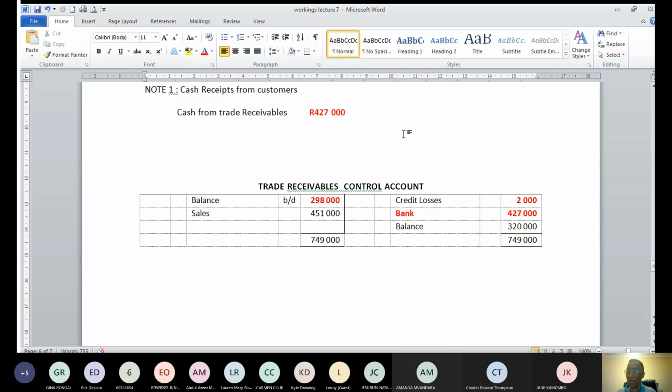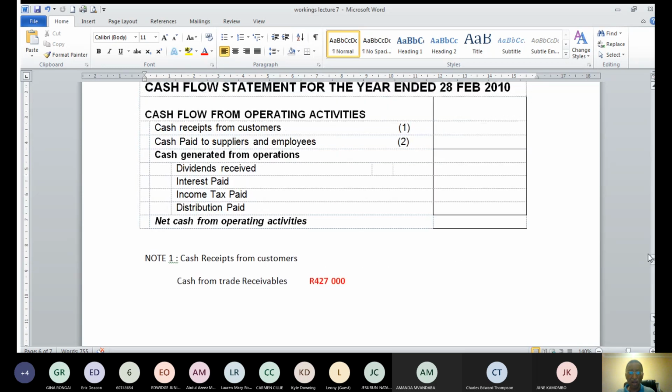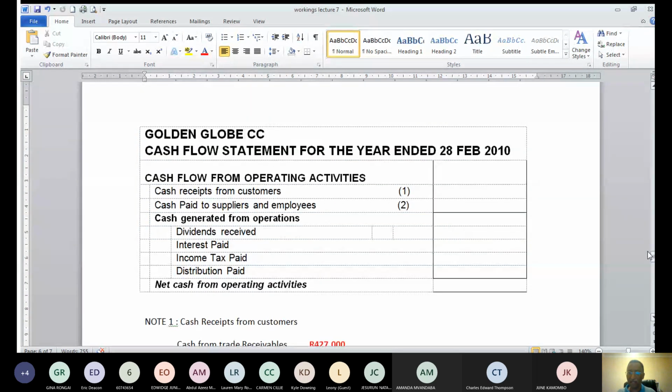You are not going to bring into account dividends now as income. Therefore, my cash receipts from customers consist only of cash from my trade receivables, and that is the amount of 427,000 rand that I have calculated now.